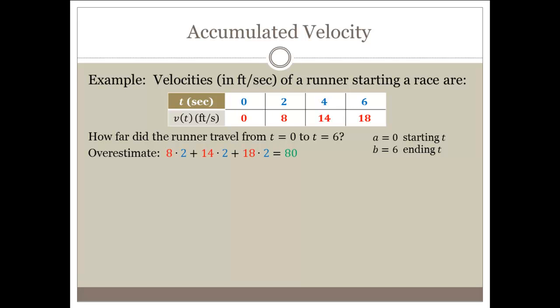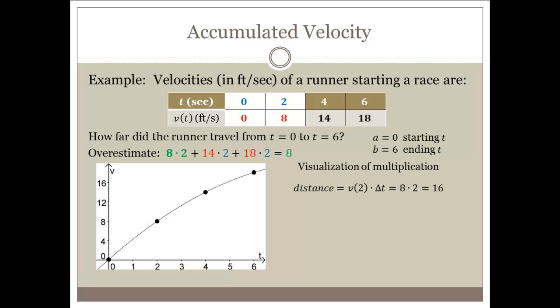To do this, we broke our 6-second interval into 3 2-second time intervals. Starting with the first time interval, we said that the runner traveled at most 8 feet per second for the first 2 seconds, so they traveled at most 16 feet.